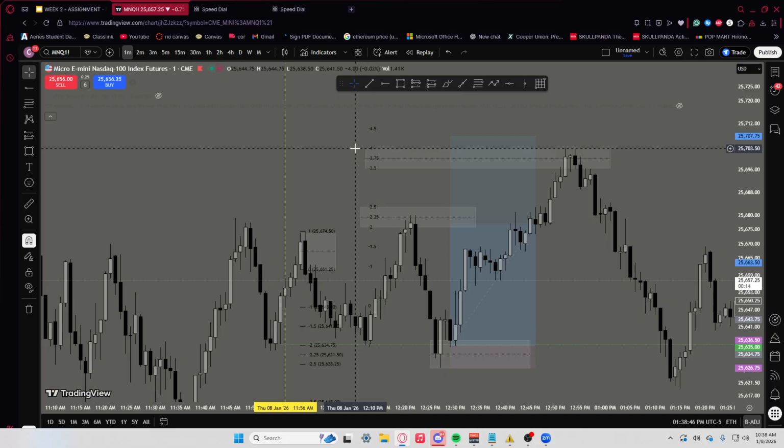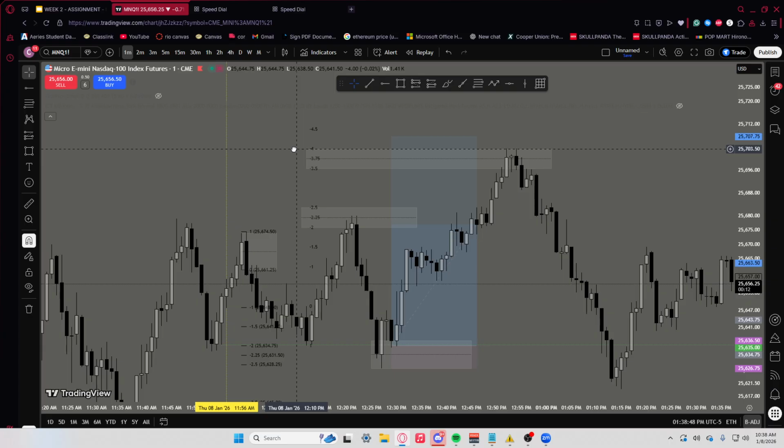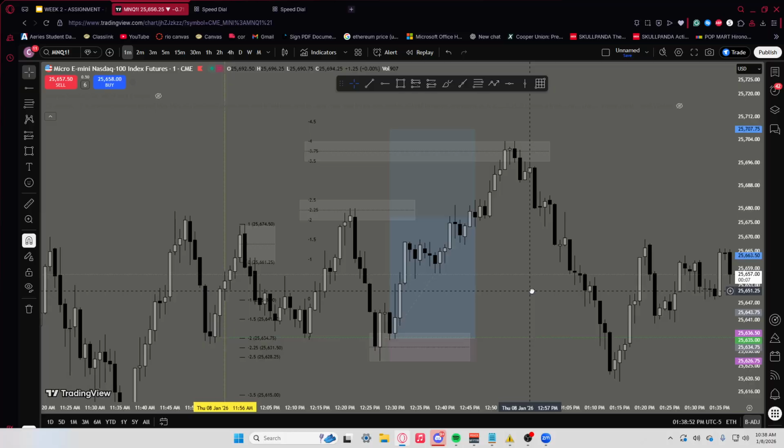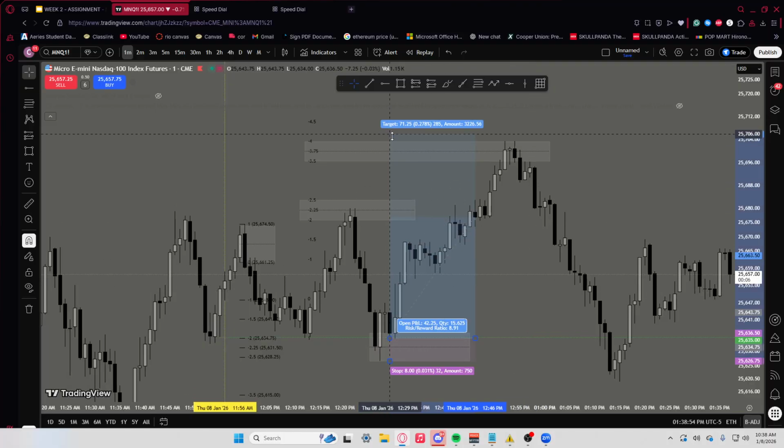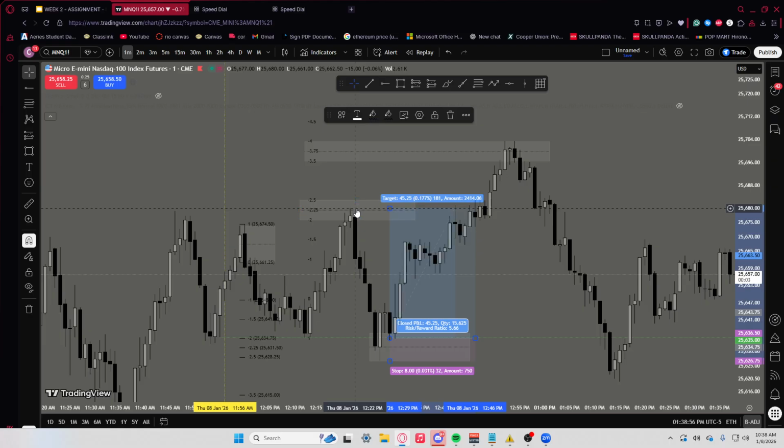However, my logic may be flawed because this rejected perfectly off -4. Either way, realistically a good target would be up here because that's the most recent swing high and it's an equal high. 2 highs right here. That's another 40 points. Boom.